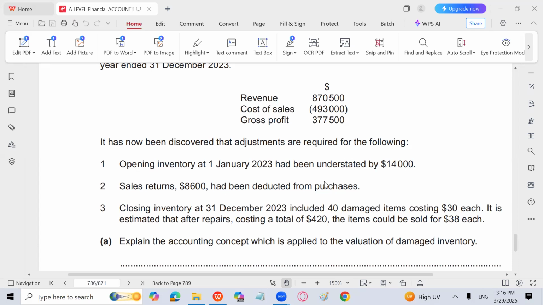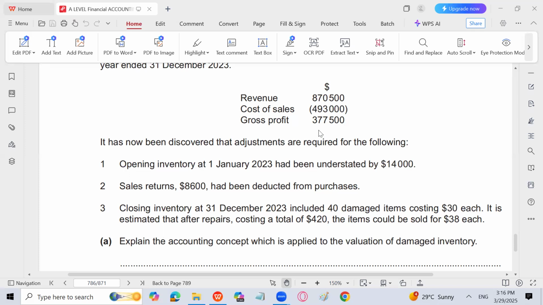When opening inventory had been understated by 14,000, it means that cost of sales is written less by 14,000. Opening inventory is included in the cost of sales, but the amount is 14,000 short. So we have to add 14,000 in cost of sales, and because of that your profit is overstated.